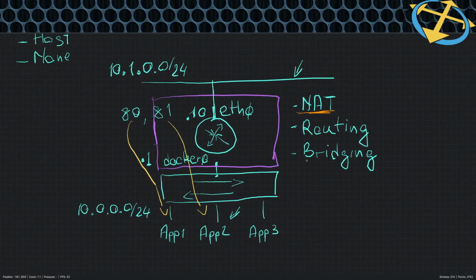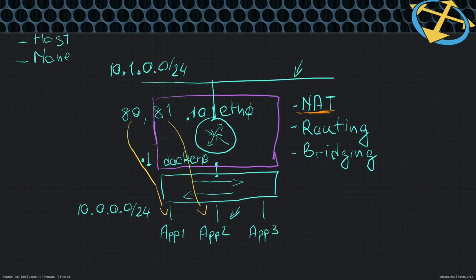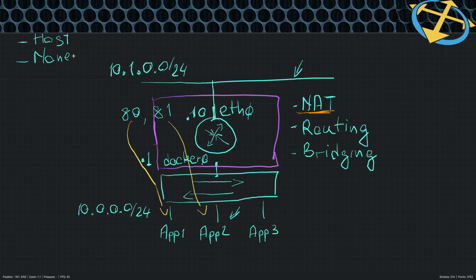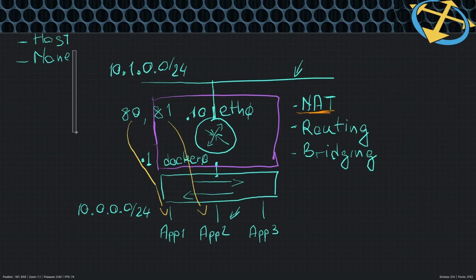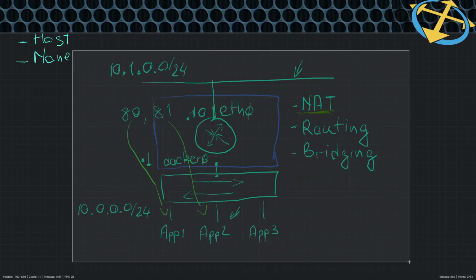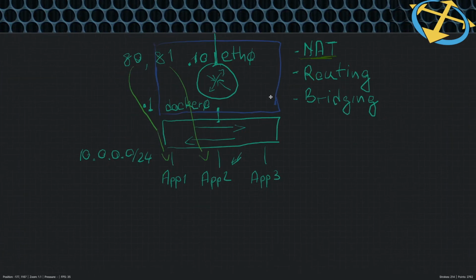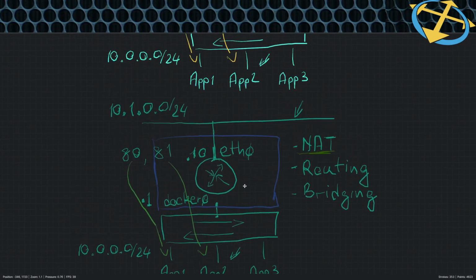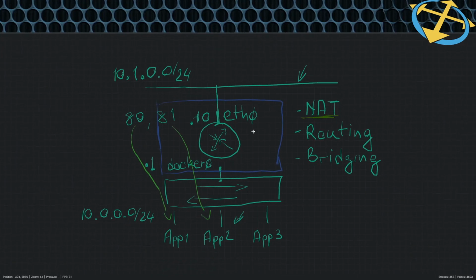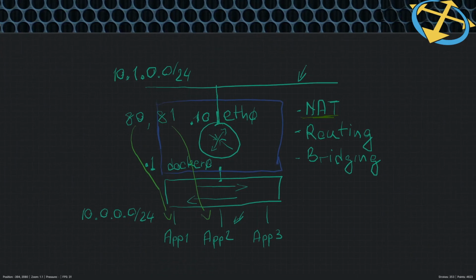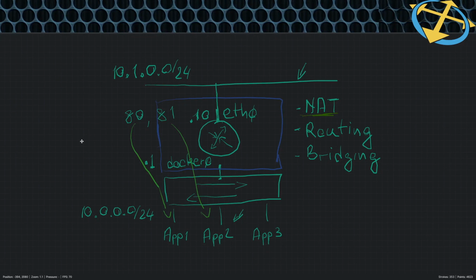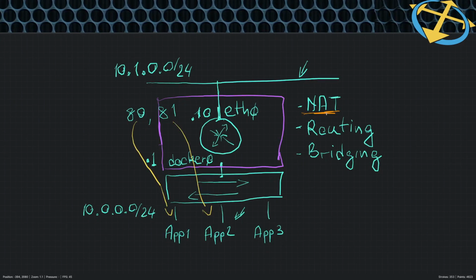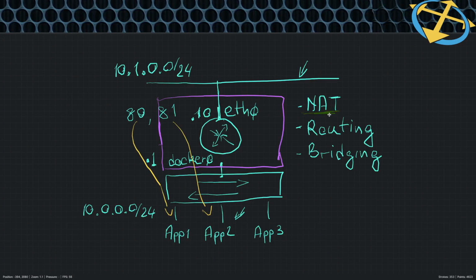So let's get to the next option, to the routing option. I will copy this diagram and modify it a bit here. So now I'm not doing NAT anymore.